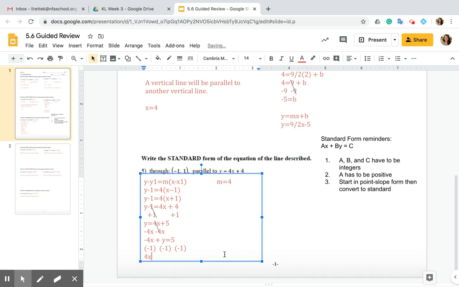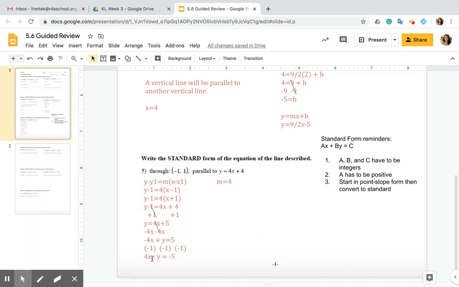So I'm going to get positive 4x minus y equals -5. Basically, just flip the signs of all the terms. Here is my final answer down at the bottom. It's in standard form. It's parallel because when I started, I used the same slope, and it follows all the rules for standard form where a, b, and c are integers and a is positive.